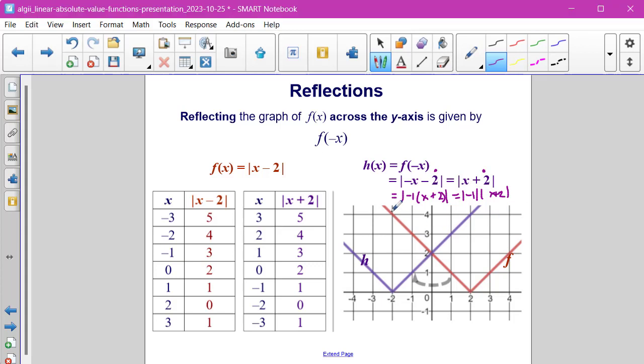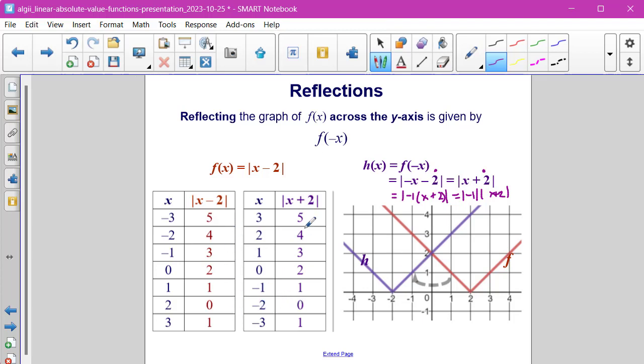Now if we look at the graphs of our original function f and our reflected function h right here, we can see that, for example, the vertex originally was at 2, 0, and now after you reflect it across the y-axis, the vertex now is going to be negative 2, 0.